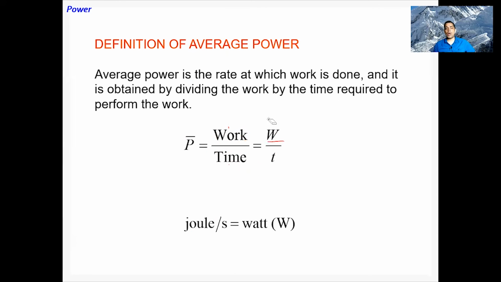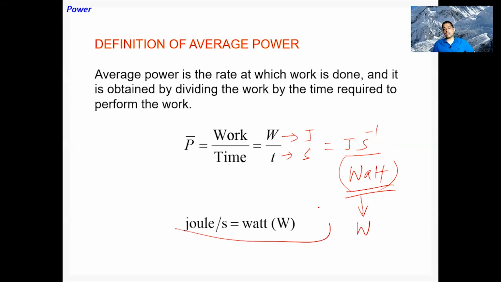What is the unit of power? Work has the unit joule and time has the unit second. So joule per second, and we also call it watt, after the scientist James Watt, and we can simply call it W. Okay, that's the unit of power.